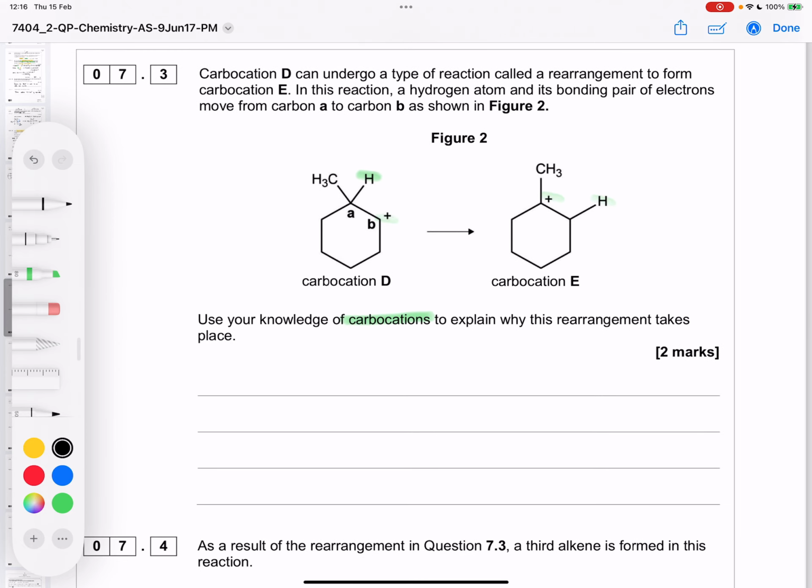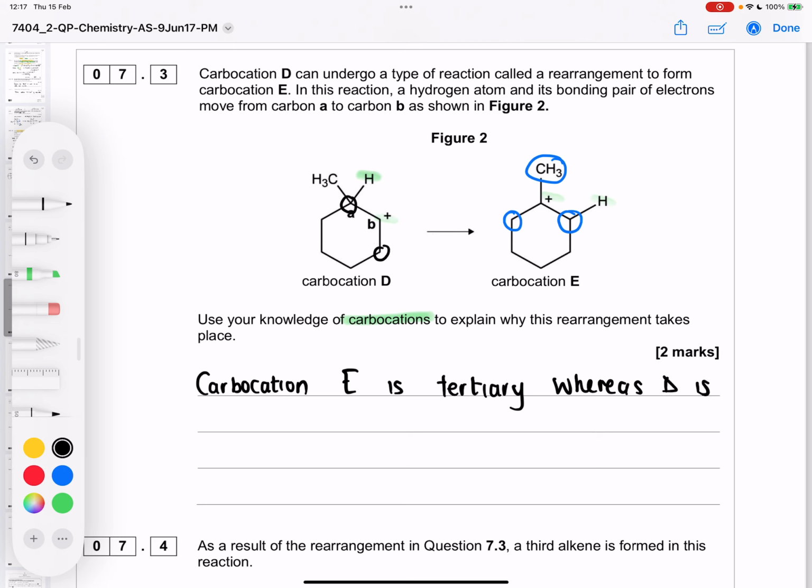So if we look at carbocation E, why would that form? Well, this carbocation here has 1, 2, 3 carbons directly attached. That makes it a tertiary carbocation intermediate. So carbocation E is tertiary, whereas D, if we look at D, only has 1, 2 carbons attached, so it is secondary.